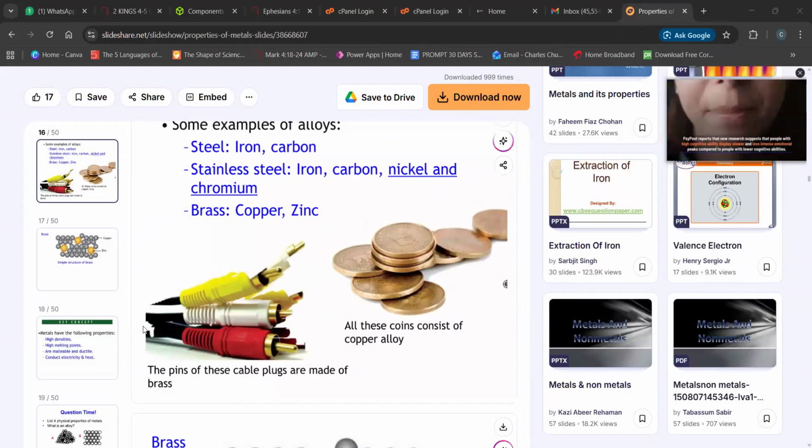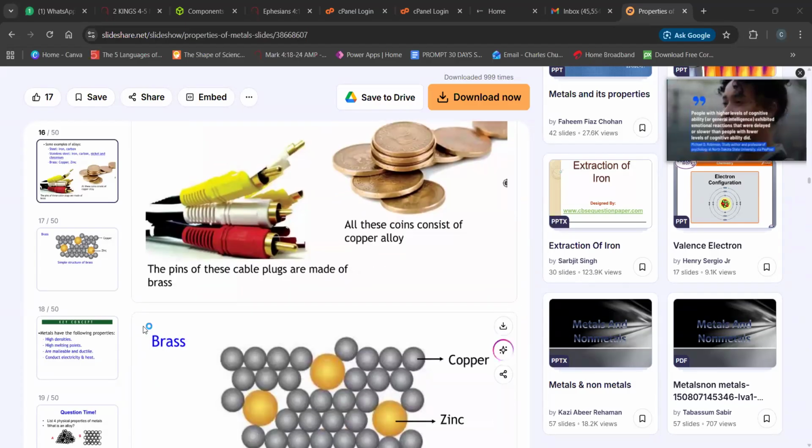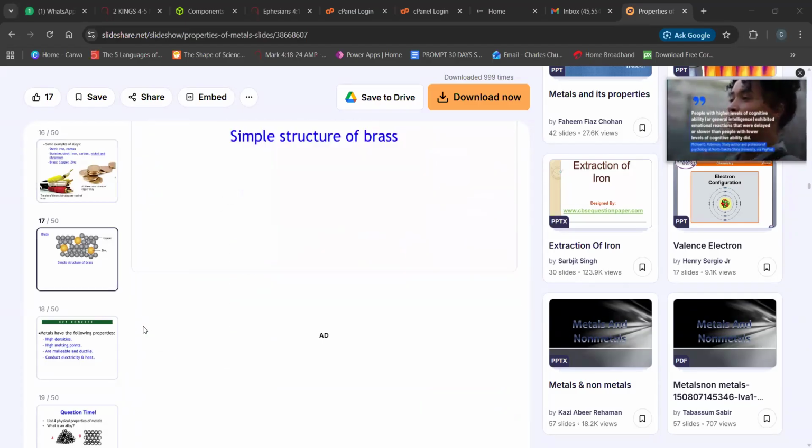So just understand that when we want to achieve some form of solidness or a stronger feel, we combine copper with zinc. But when we just want it as the wire for our cable, we leave it as what? Copper. We don't need to combine it with anything.